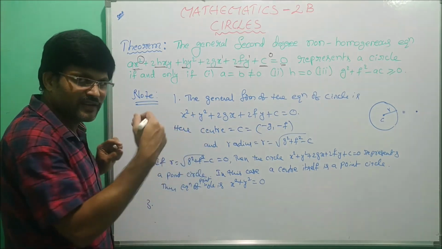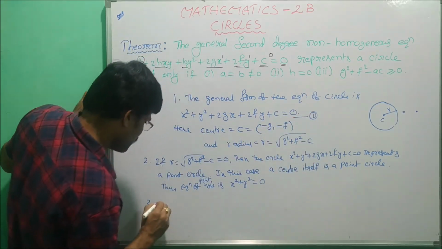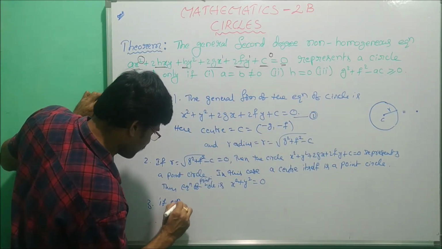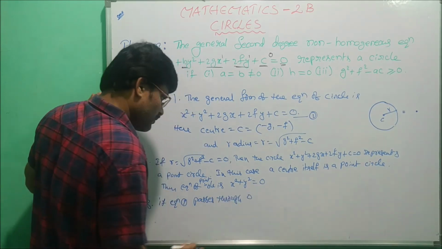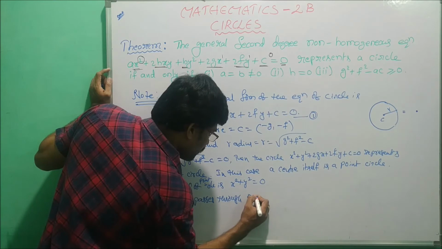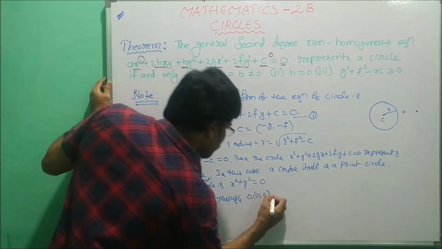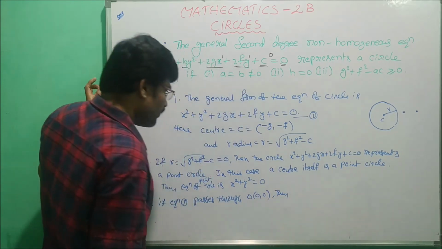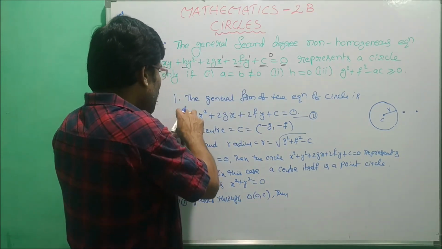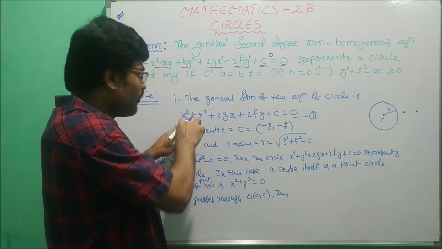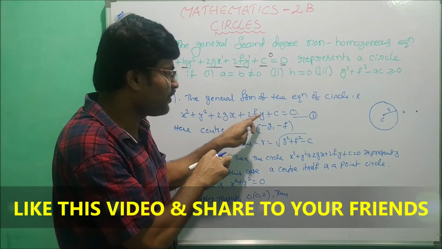This equation passes through the origin. Let it be equation 1. If equation 1 passes through (0,0), then we substitute (0,0) in this equation 1. x square means 0 square, y square means 0, so 2g into 0 plus 2f into 0.